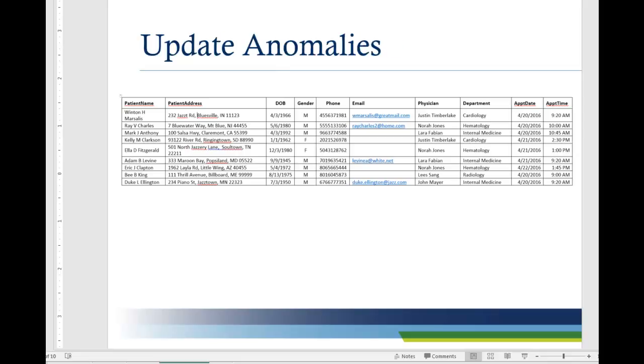Update anomalies occur when the same data is stored in more than one place. So if data needs to be updated or changed, we'll have to find every single instance of that data and change every single one of them to make sure that the data is consistent. So in this example here, let's say Eric Clapton has a new phone number.